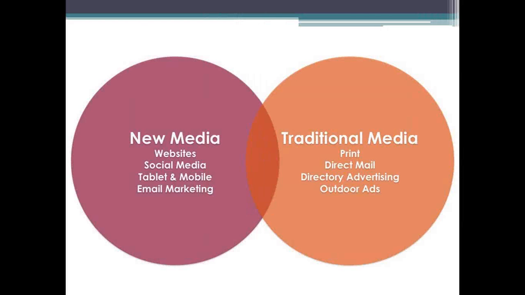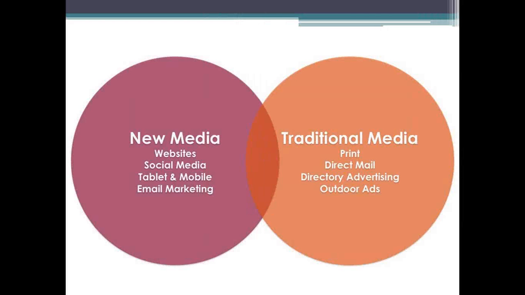So this should be what your marketing mix should look like today. You should be still looking at traditional media and what you can afford and what gives you the most bang for the buck, or in other words, what brings the value to the consumer and sales to your cash register. And of course, then you've got to continue to look at all the modern media. It's interesting that I continue to give this talk about new media and modern media.